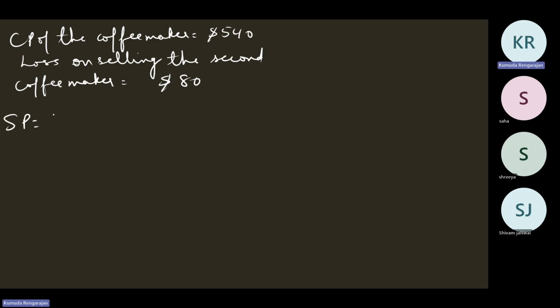SP is equal to CP minus loss. So CP is 540 minus 80.